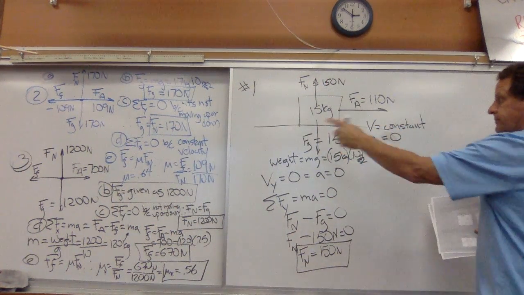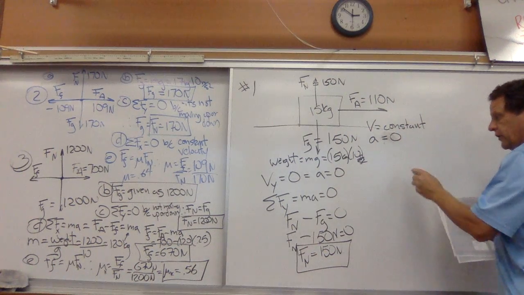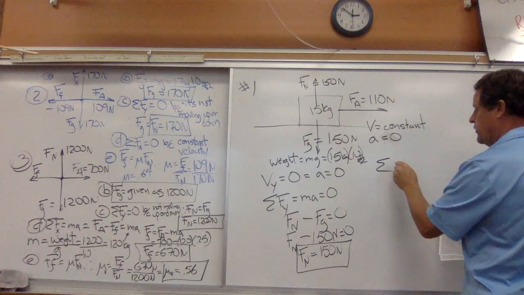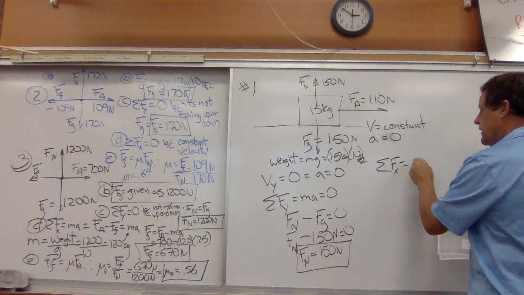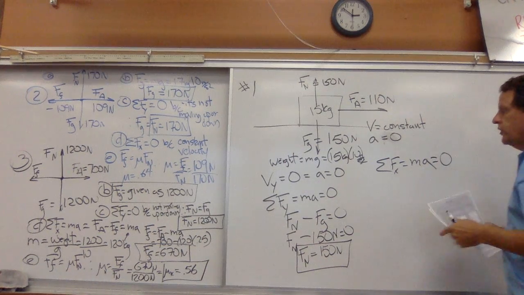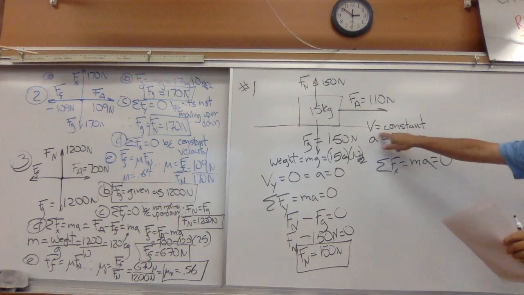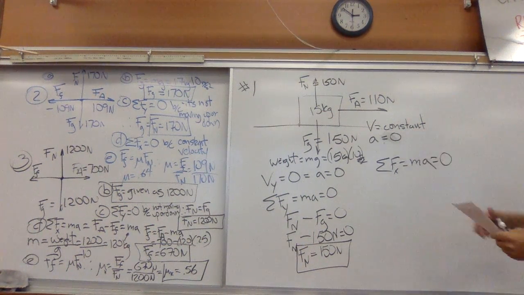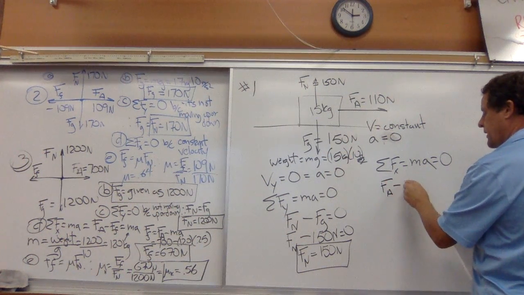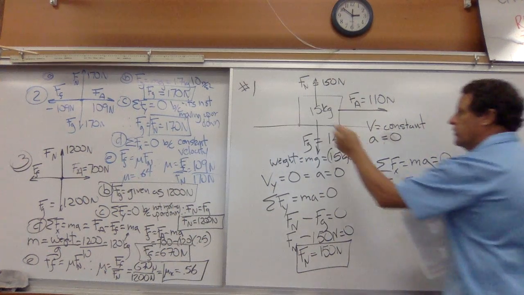Okay, now in the x direction, the horizontal direction, the sum of the forces is going to equal ma, which in this case is 0 as well, because we have a constant velocity. So we're going to have the applied force minus the frictional force.